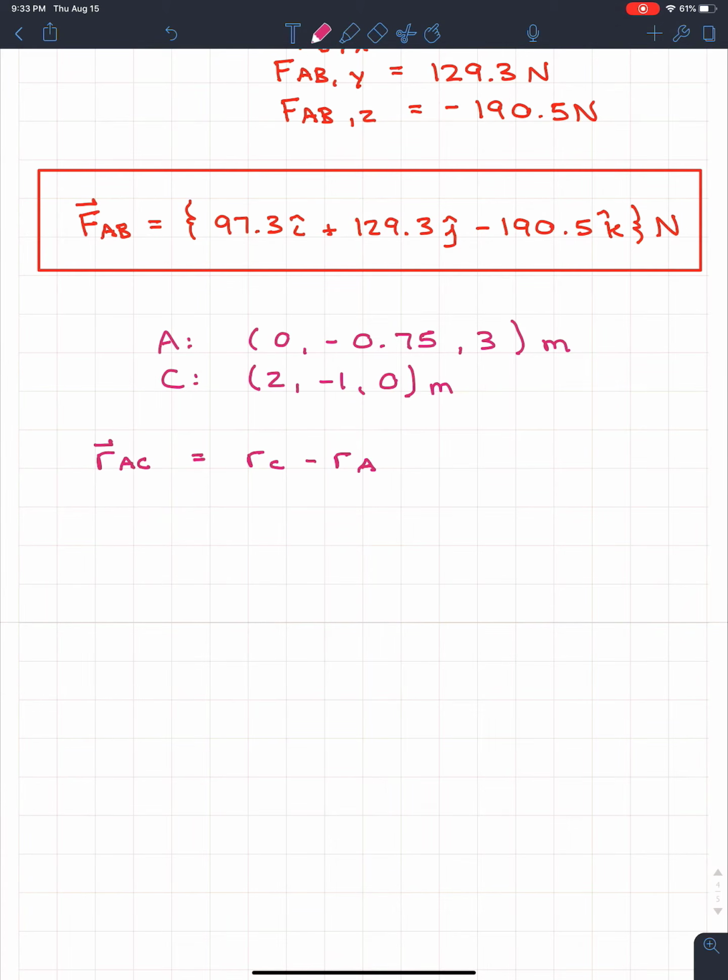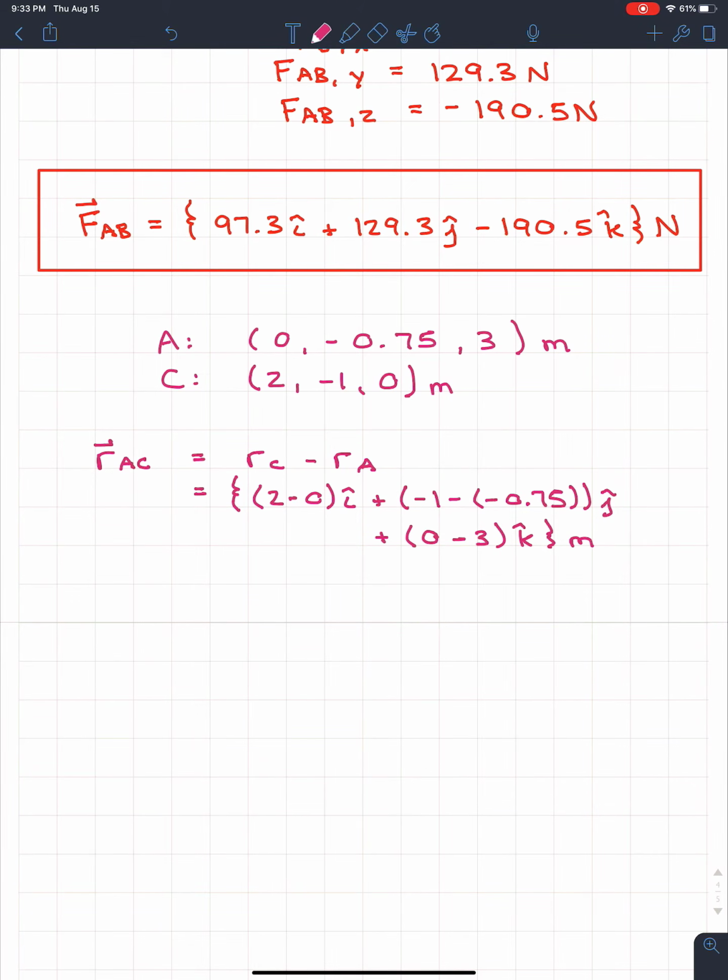So this is going to be in the squiggle bracket, we're going to have 2 minus 0 in the I direction, plus -1 minus -0.75 in the J direction, plus 0 minus 3 in the K direction. Then we end the squiggle bracket, and remember, it needs its units because it's a position vector. Position vectors have a unit of length.